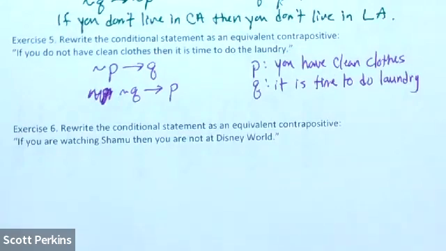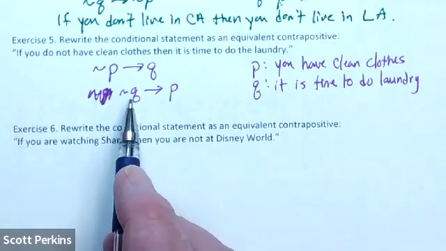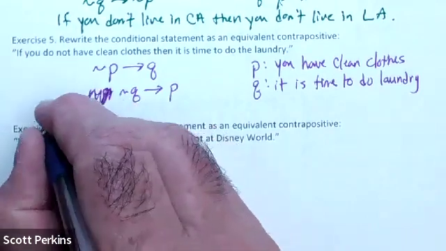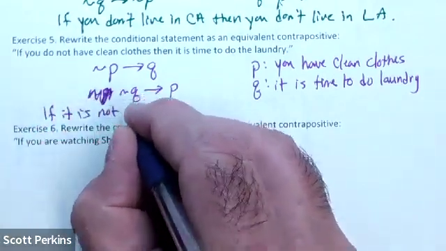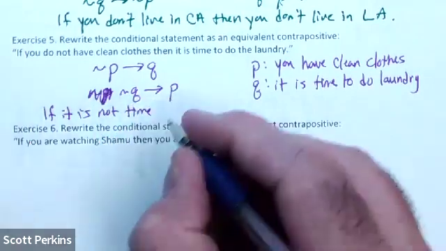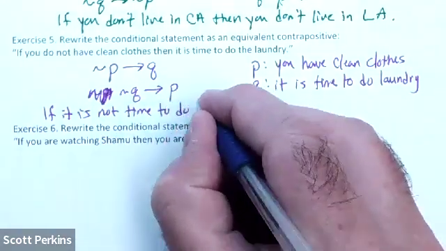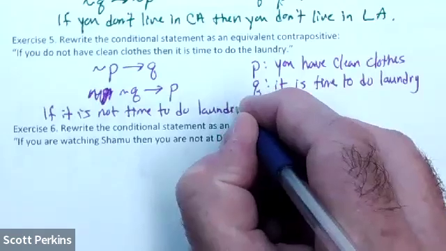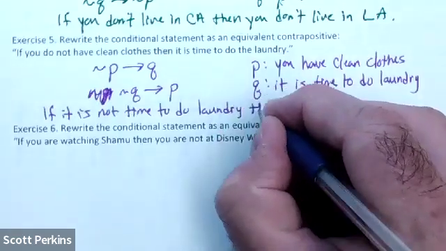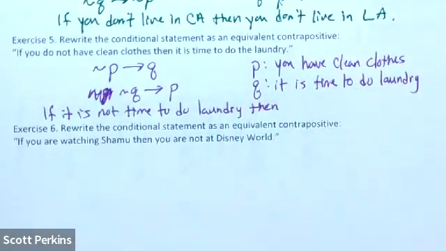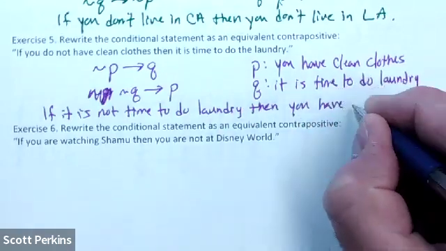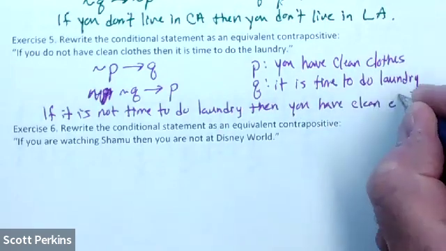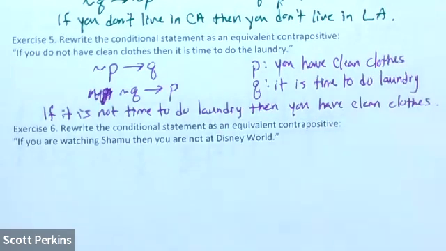It's going to give you a chance to sort it through, but let's write this out. So squiggly Q is, it is not time to do the laundry. So if it is not time to do laundry, then P, you have clean clothes. There we go.